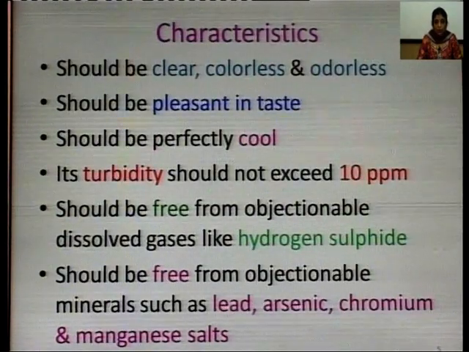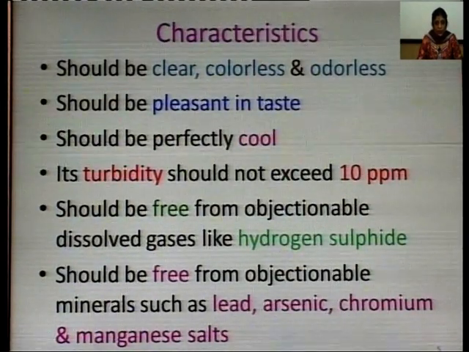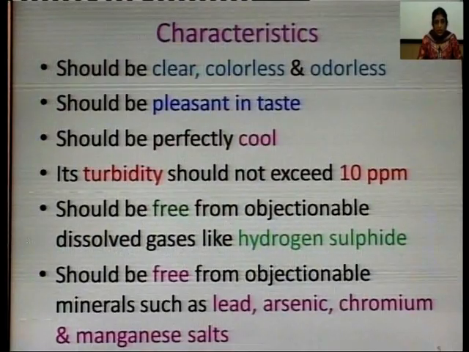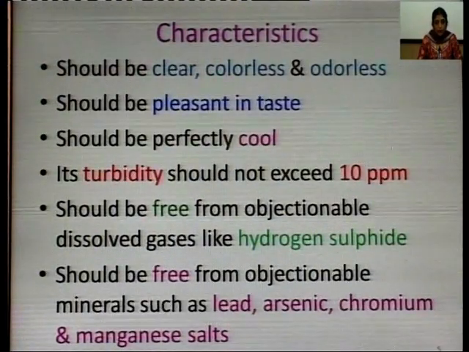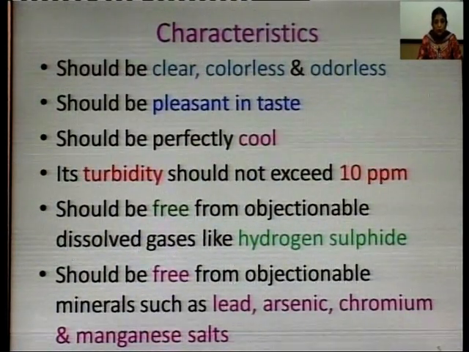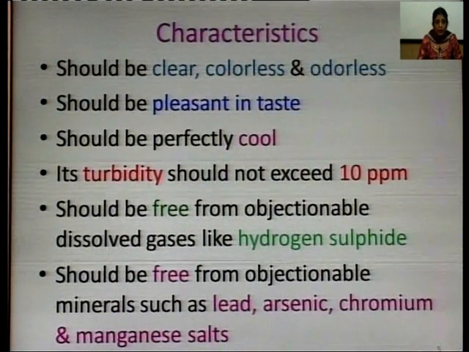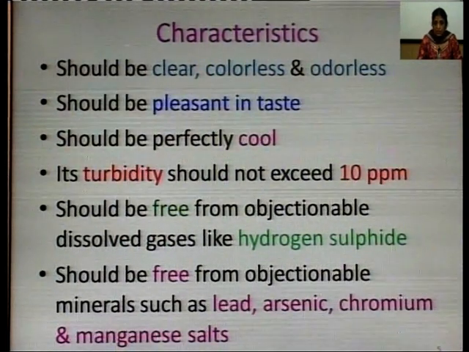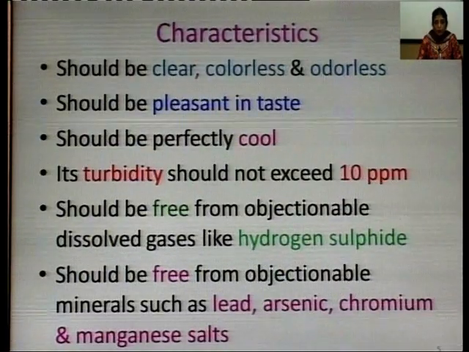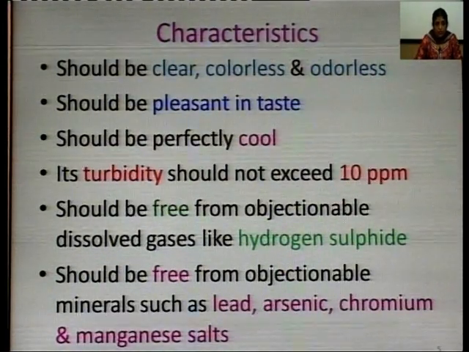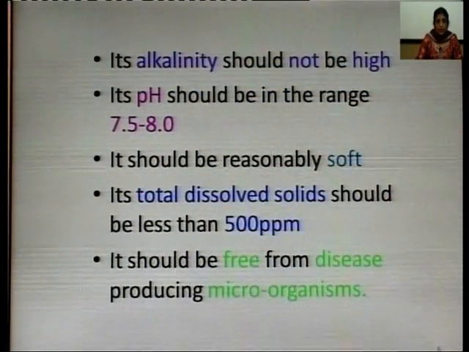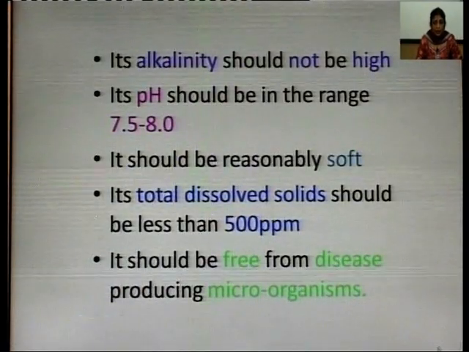Water should be free from objectionable dissolved gases like hydrogen sulphide. It should be free from objectionable mineral metal atoms such as lead, arsenic, chromium or manganese, salts, etc. Its alkalinity should not be high.